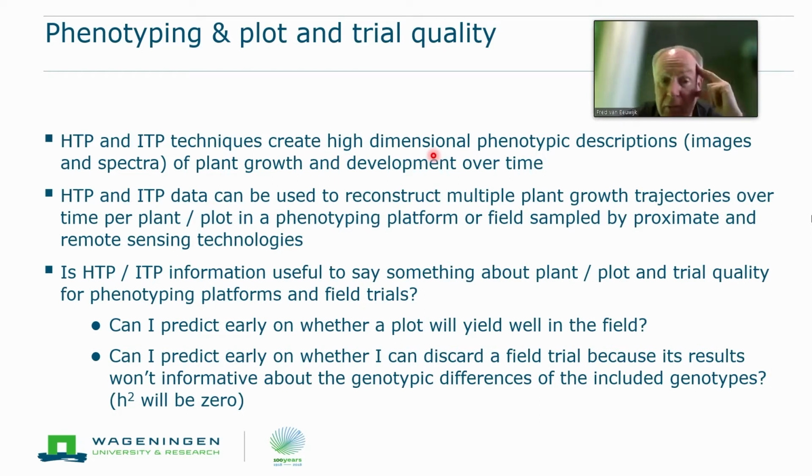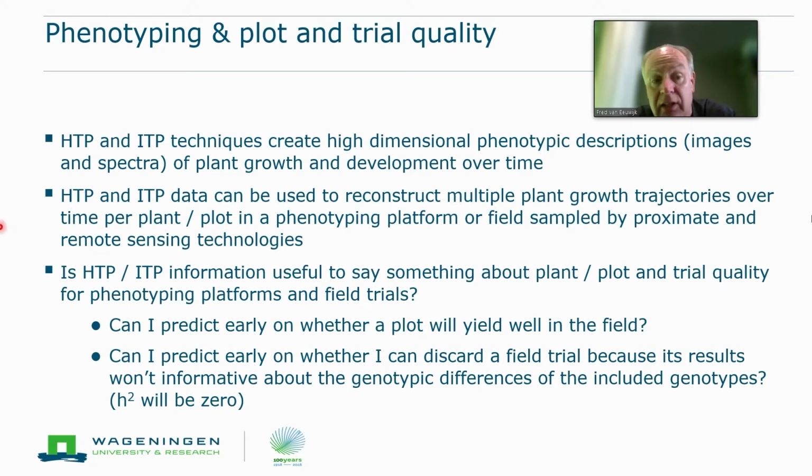We get images, we get spectra, etc. Typically, something needs to be done with these, so features are extracted. This can be done by deep learning and all kinds of machine learning techniques. And then we end up with some kind of trait that can be interpreted in a biological way, and it can be followed over time.